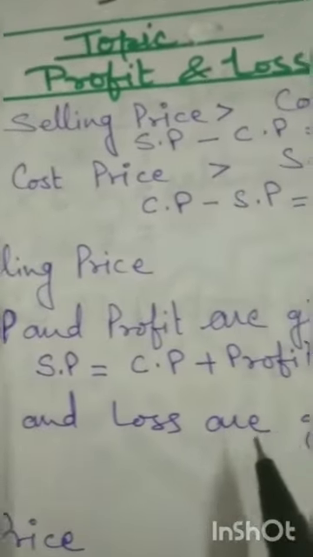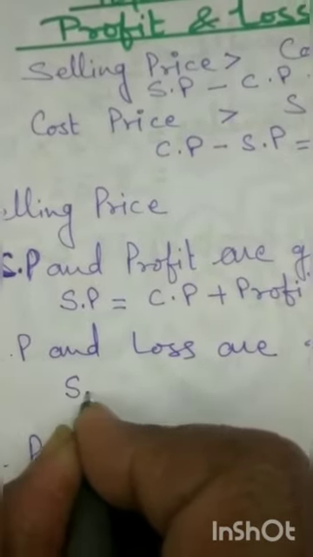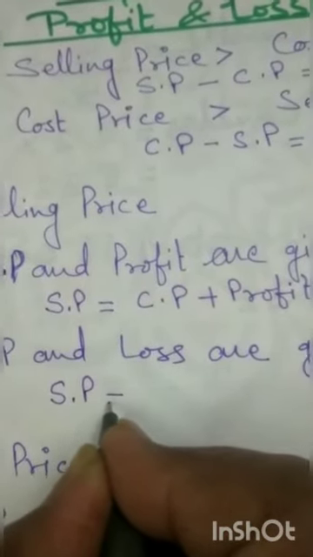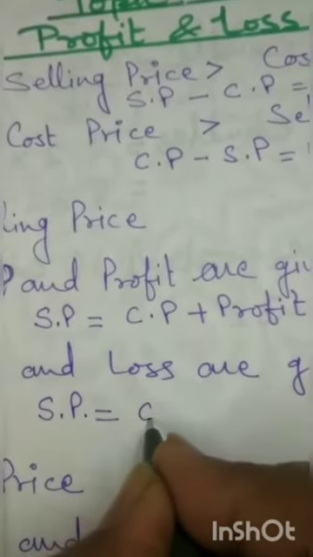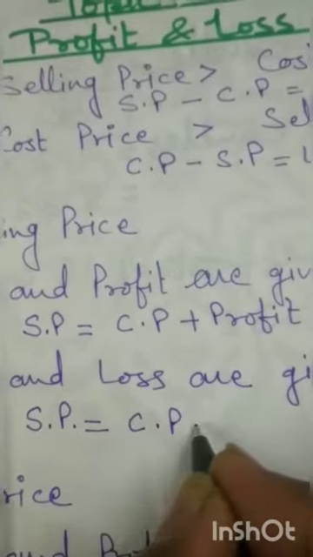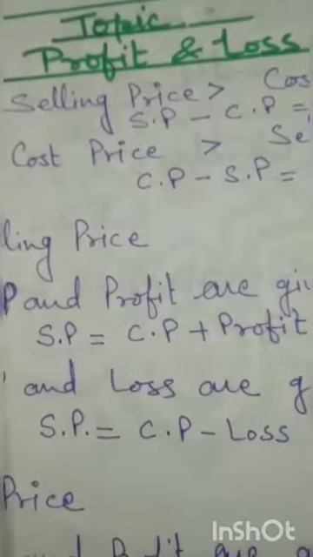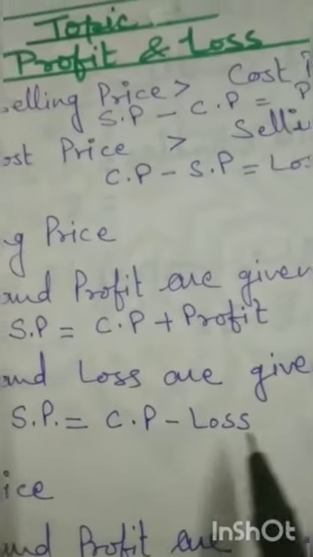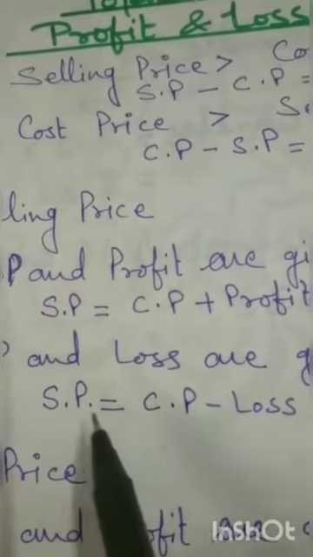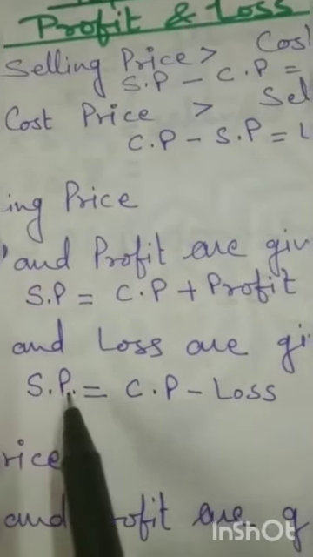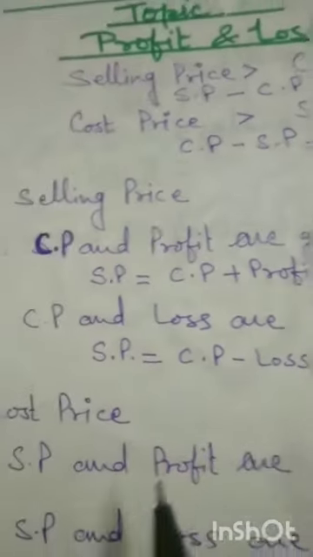When CP and loss are given, how will you get the selling price? Cost price minus loss is equal to SP. We subtract loss from the cost price, then we get the selling price. So the formula is SP is equal to CP minus loss.